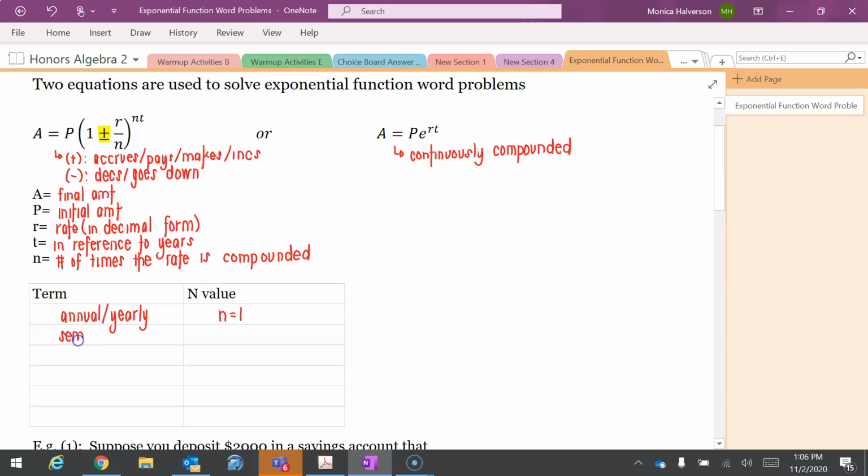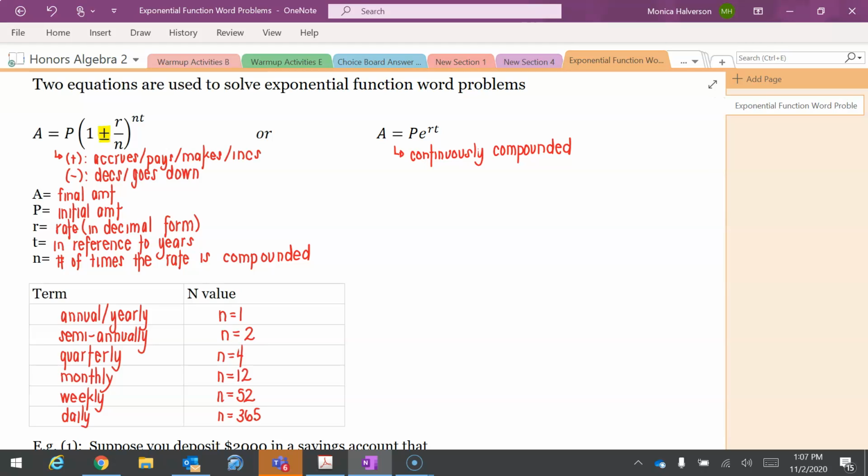Semi-annually, and n equals 2. Quarterly, and n equals 4. Monthly, and n will equal 12. Weekly, and n will equal 52. And daily, where n equals 365. Once again, you only use these values if you're using the first equation.